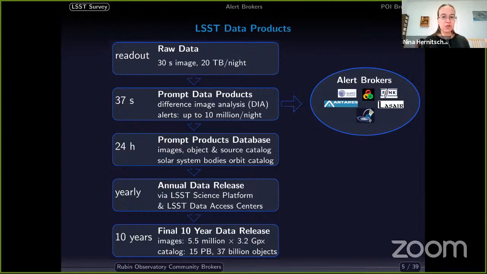This is so large that traditional approaches, with downloading data and processing them locally in a data center or on a cluster or even on your laptop, won't be feasible anymore. So LSST has to rely heavily on data products, on processing, and on redistribution pipelines.